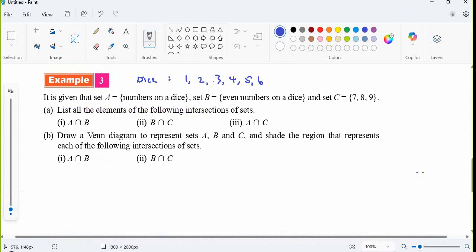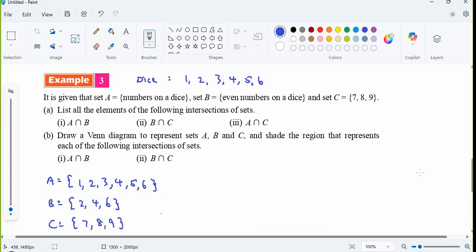So set A is the numbers on the dice: 1, 2, 3, 4, 5, 6. And then set B is even numbers: 2, 4, 6. And set C is 7, 8, 9.